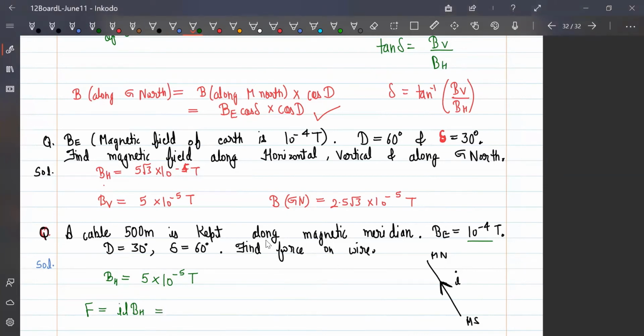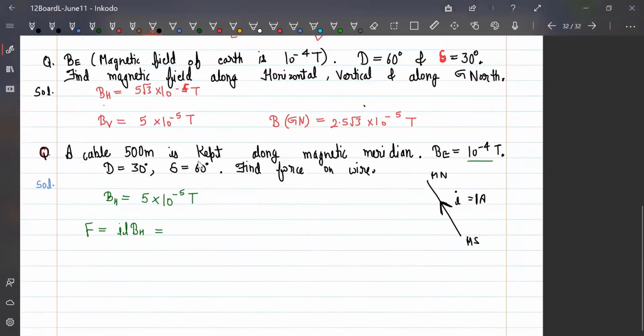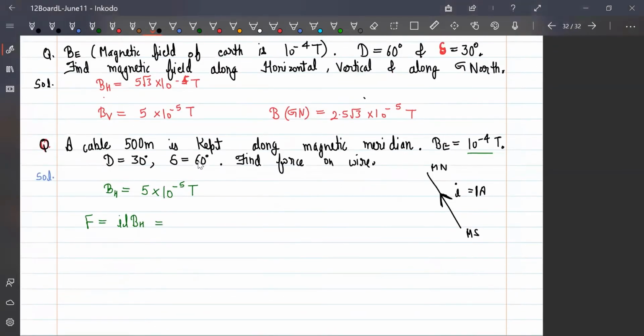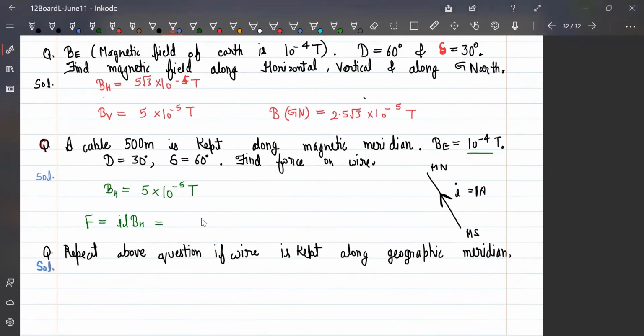Current is not given here. Okay, now take the current as 1 ampere. Current is 1 ampere. Then find the force. Tell me the value of force.